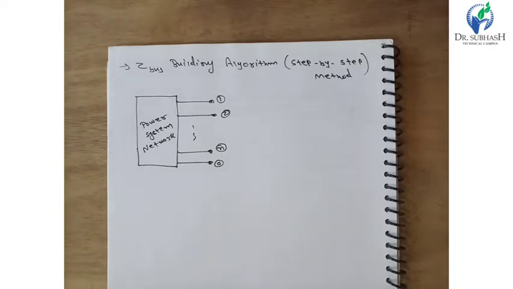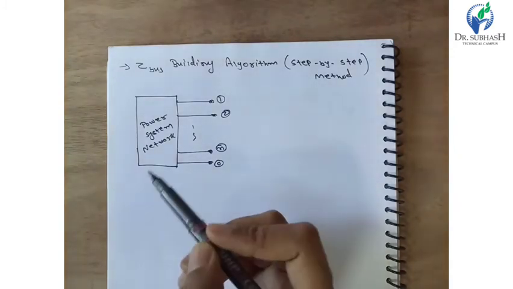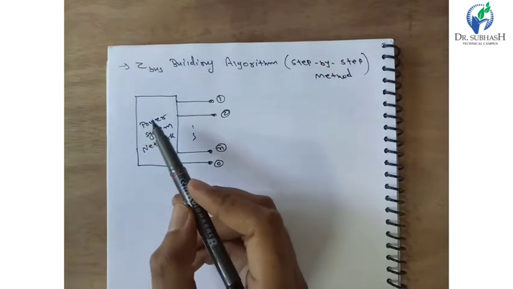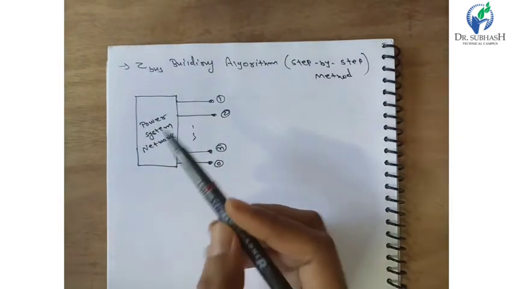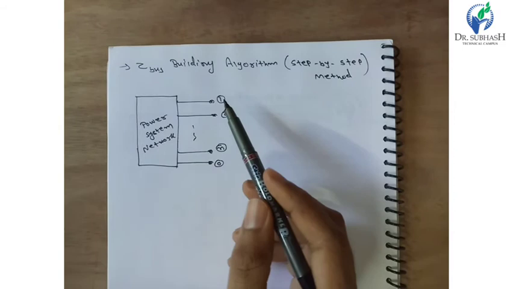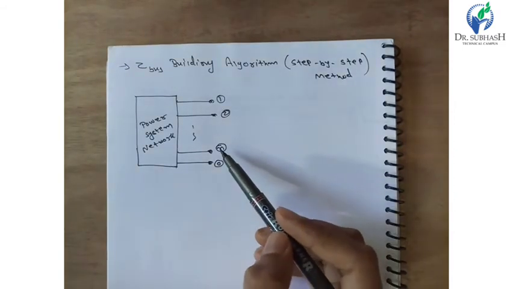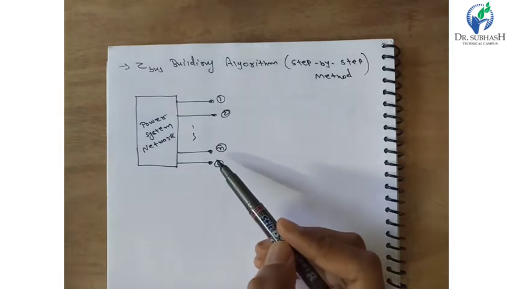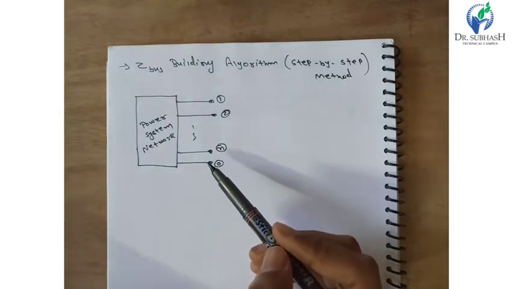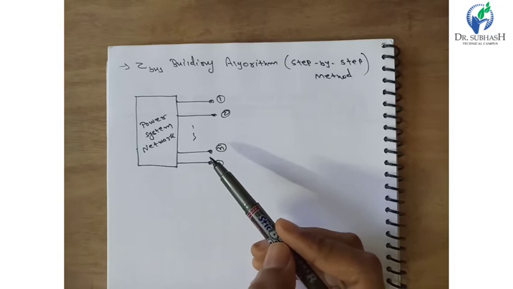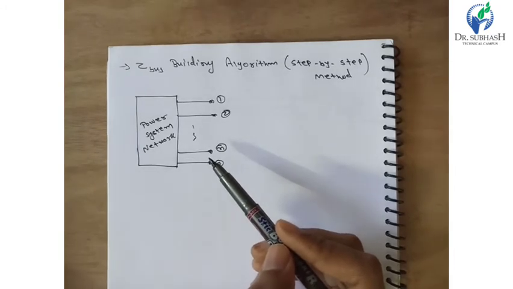In the Z-bus algorithm, the power system network is shown in the figure. Here the simple power system network is connected in the circuit. Here it is 1, 2 and up to n connected, and 0 is the reference node. It is a step by step programmable technique which produces the network branch by branch.